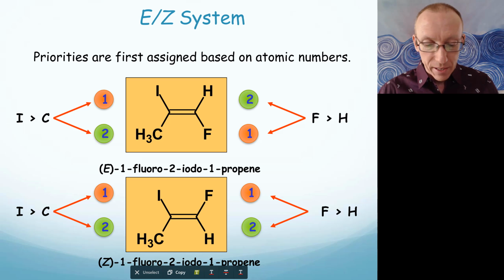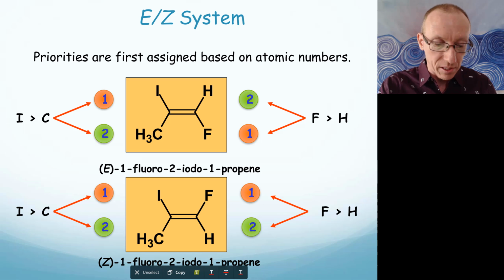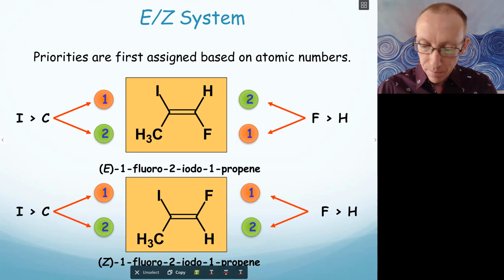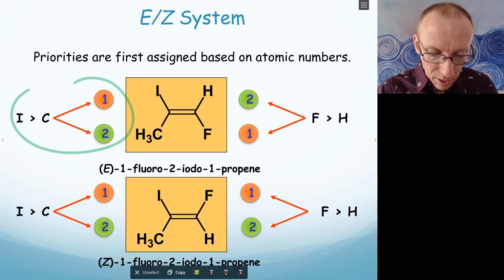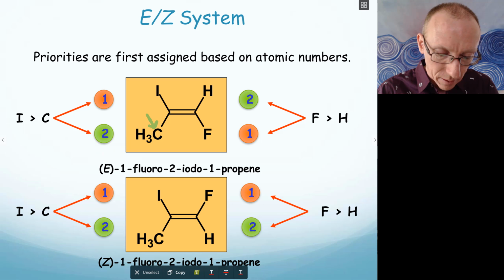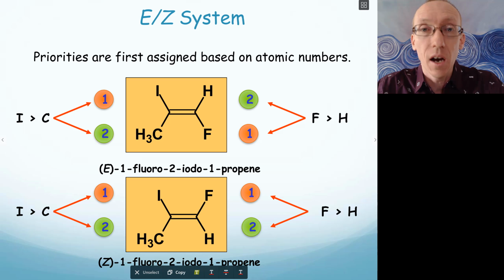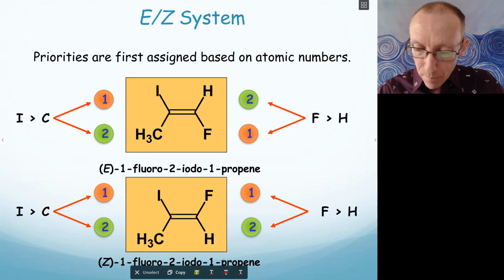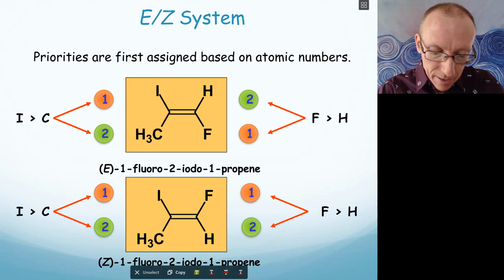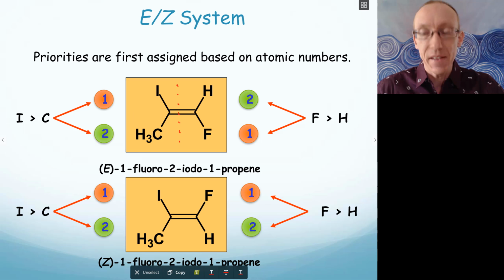So if we look at this compound here, the priorities are first assigned on the basis of the atomic numbers. So let's look at the left-hand side first. We've got a carbon atom versus an iodine atom. Iodine has a higher atomic number, and so iodine will get the higher priority and carbon will get the lower priority. And remember, we've split the molecule in half, looking at one half and then the other.